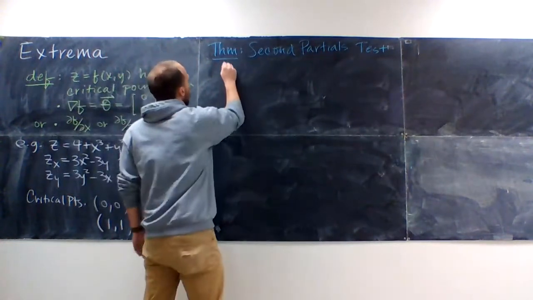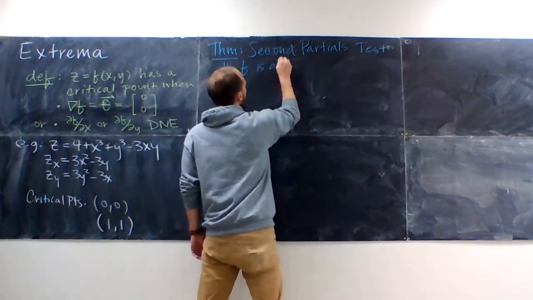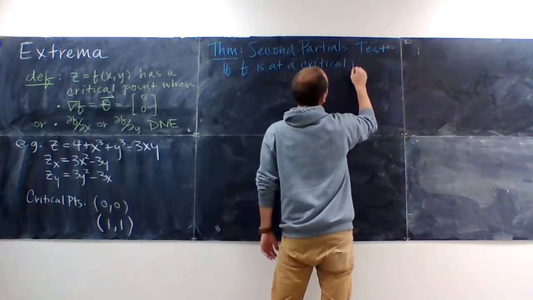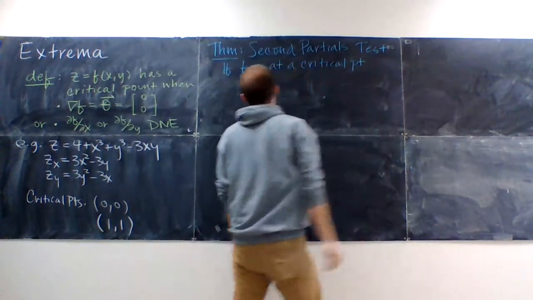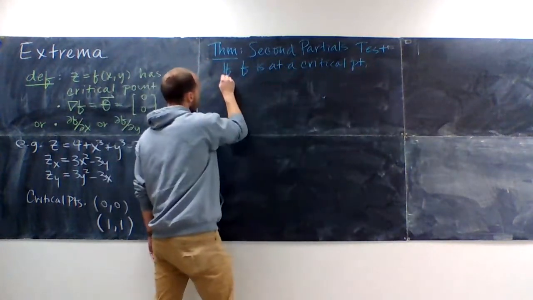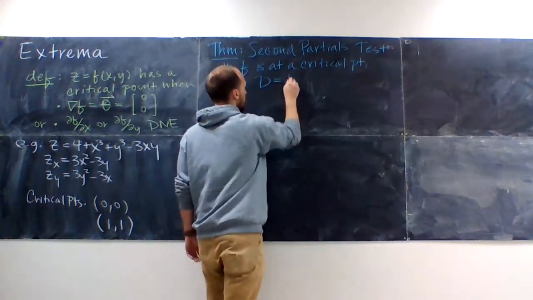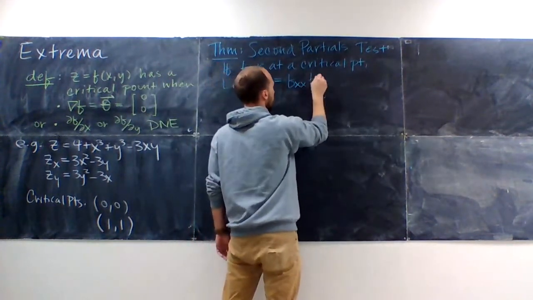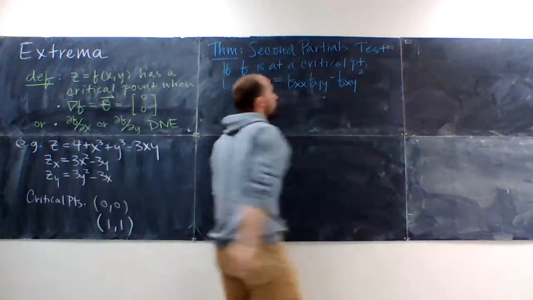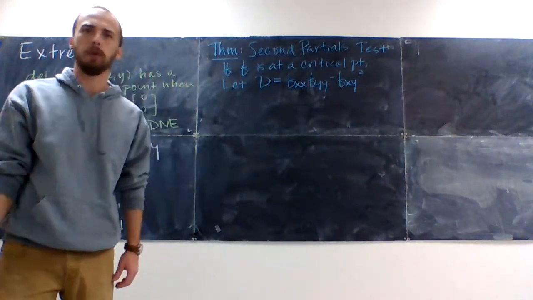So if f is at a critical point, let D equal fxx fyy minus fxy squared, which, if you think about it, is clearly the determinant of a 2x2 matrix.